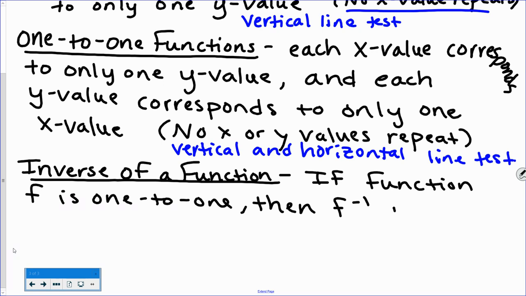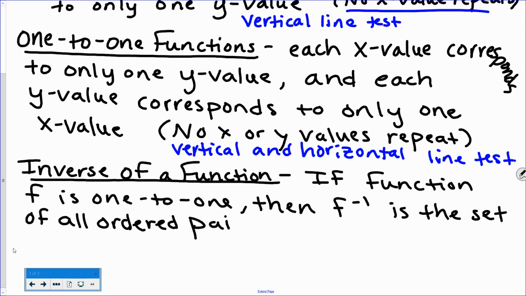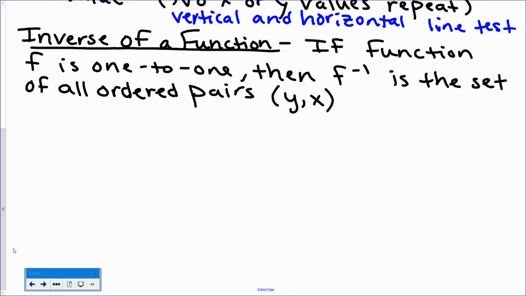Then f inverse is the set of all ordered pairs or points (y, x), and yes, I purposely put the y in front. I didn't do it by accident. Where (x, y) as an ordered pair belongs to f.